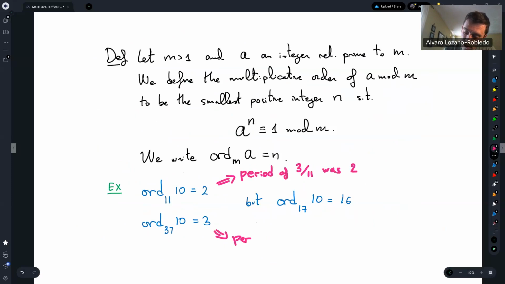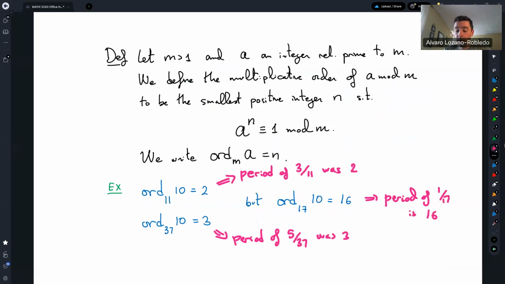The period of 5 over 37 is 3, but the period of 1 over 17 is 16. So those orders of 10 modulo those different numbers determine the length of the period in a decimal expansion.